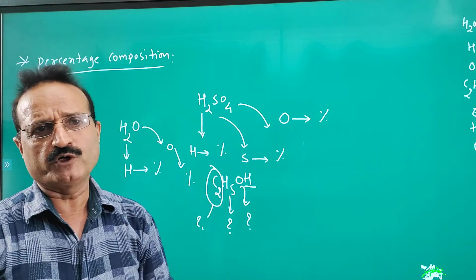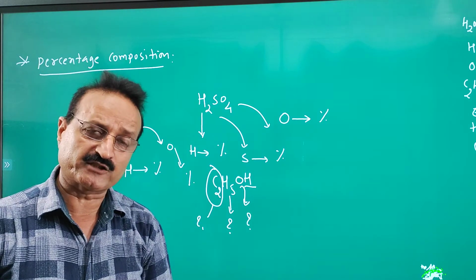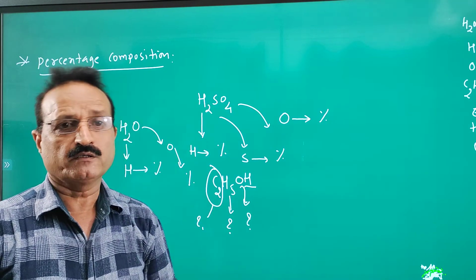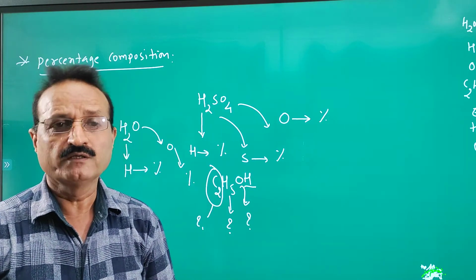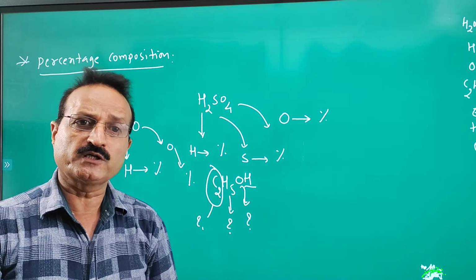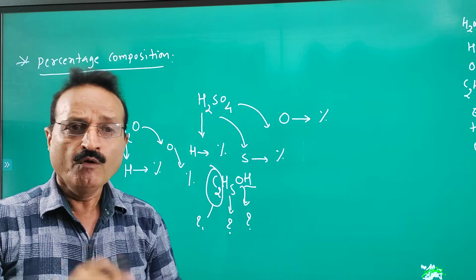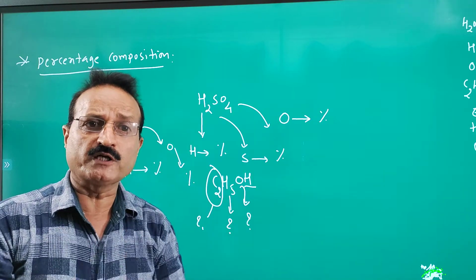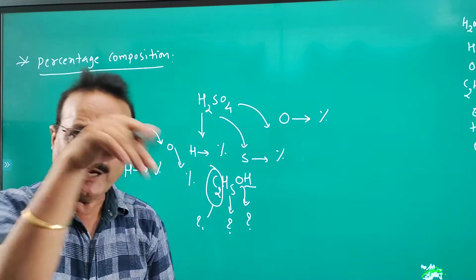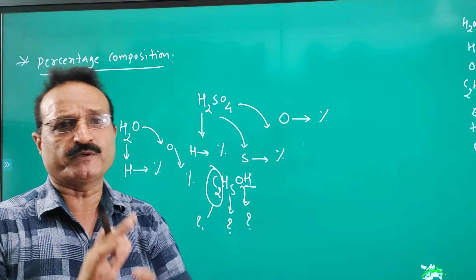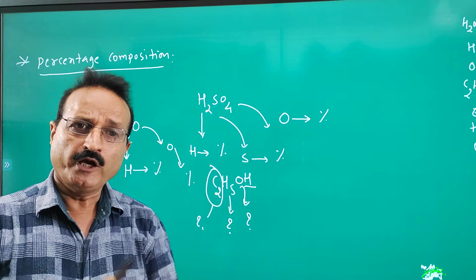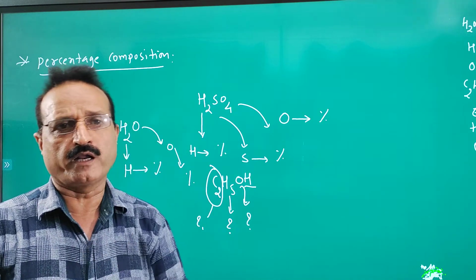So now, according to your textbook, we are going to discuss what is the percentage of hydrogen and what is the percentage of oxygen in H2O. When you find the percentage of each element in a given compound and sum all the percentages, it must be nearby 100.